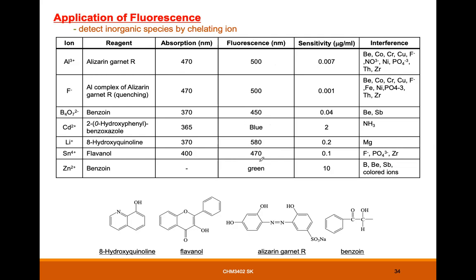So when you study fluorescent properties of certain compounds, these two are very important: you need a correct excitation wavelength in order to produce a fluorescent spectrum, with a specific emission wavelength.